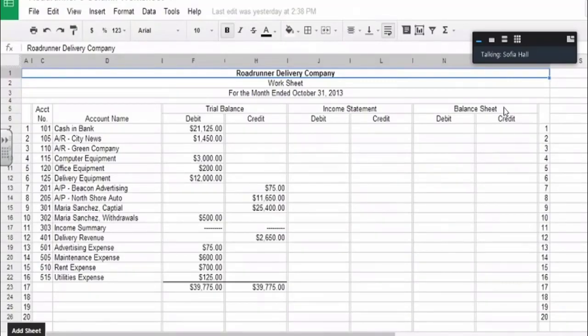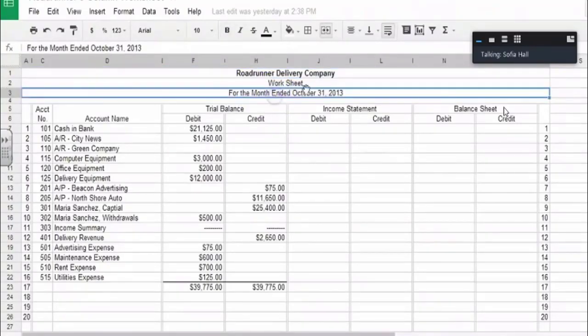But what I first want to point out to you are the 5 sections of this 6-column worksheet. First we have the 3 rows up top. This is called our 3-row heading. It includes the name of our company, what we're looking at, which is our worksheet, and the accounting period that we're looking at. For example, this accounting period is for the month ending October 31st, 2013.